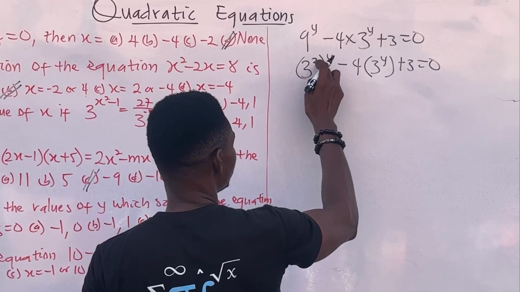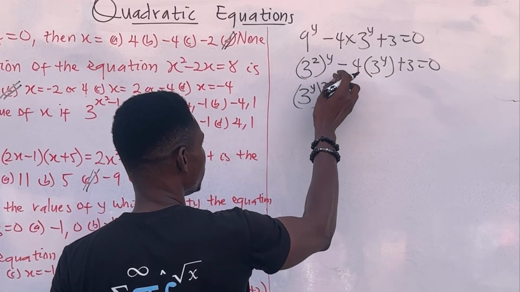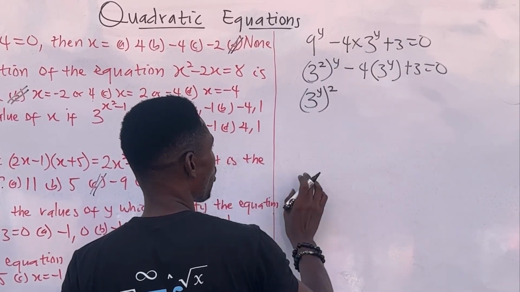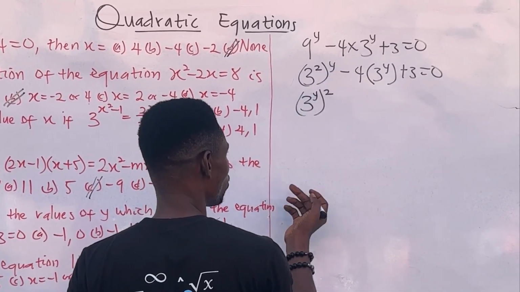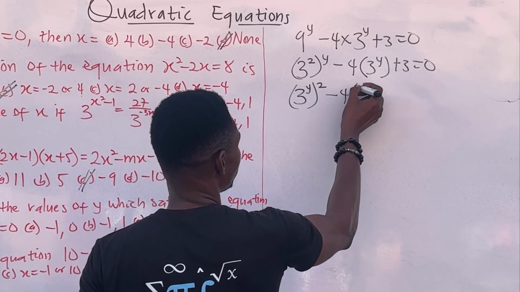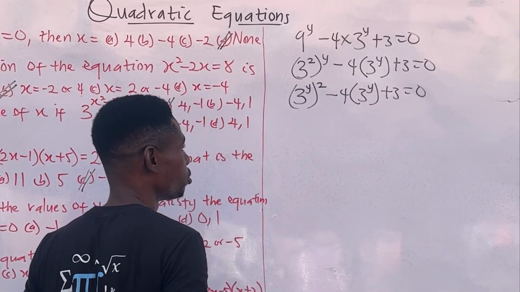So we can change this. So we'll have 3 raised to the power y squared. Remember the law of exponents: if you have a power and another power, you multiply both powers. So 2 multiplied by y is 2y. So 3 raised to the power 2y minus 4 into 3 raised to the power y plus 3 equal to 0.